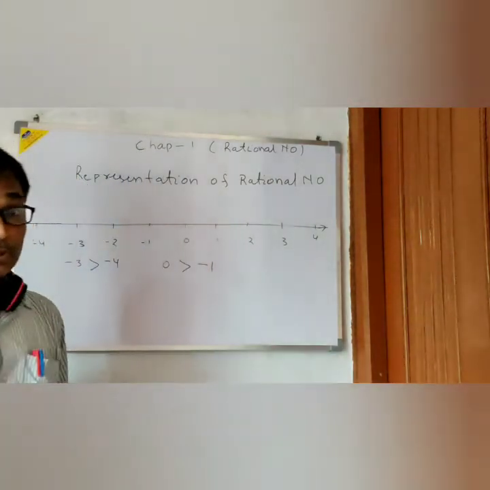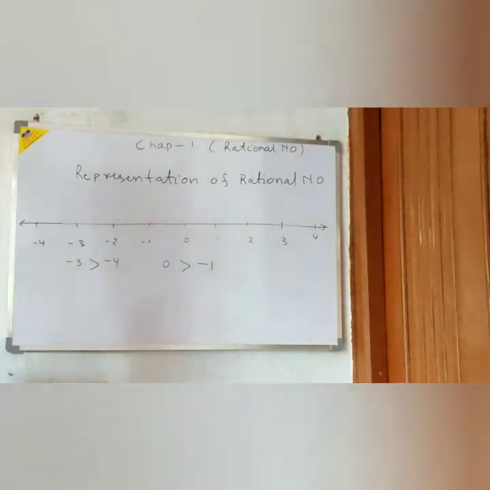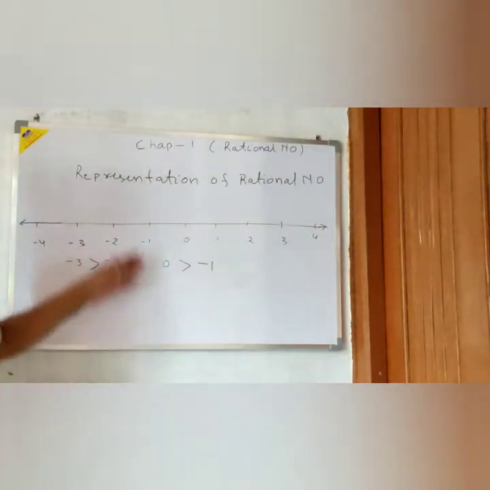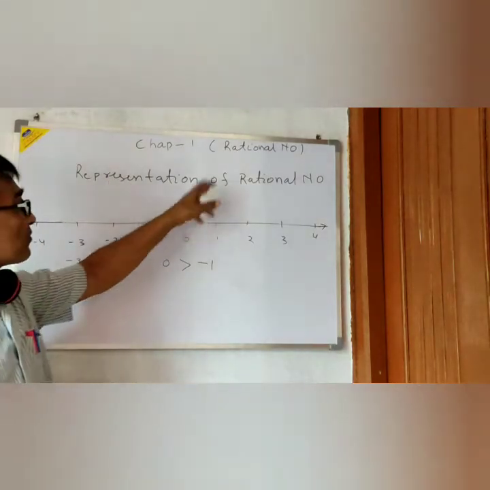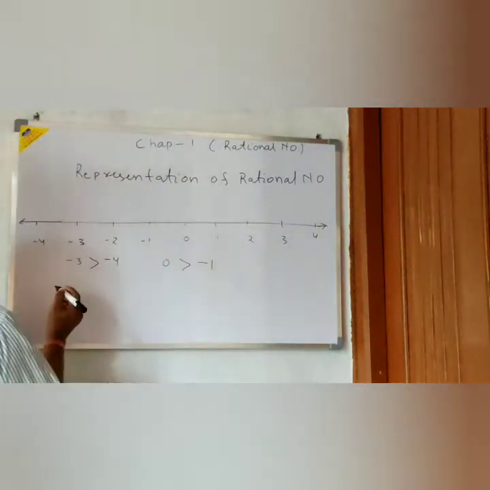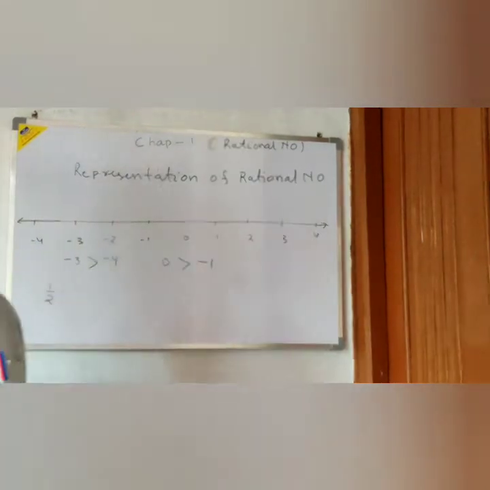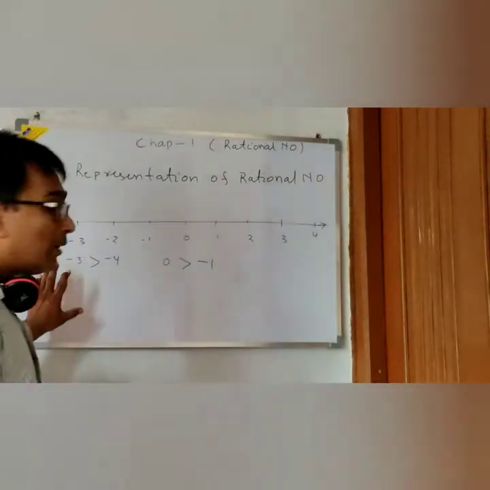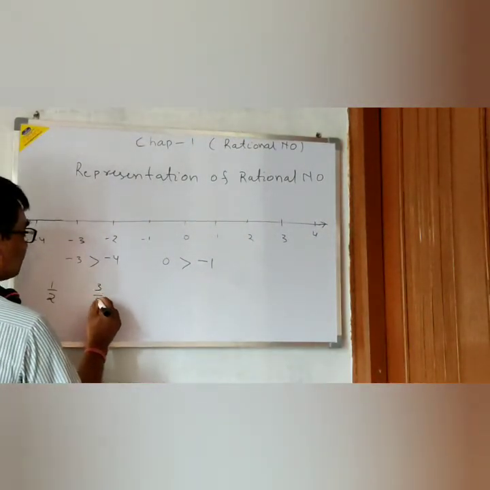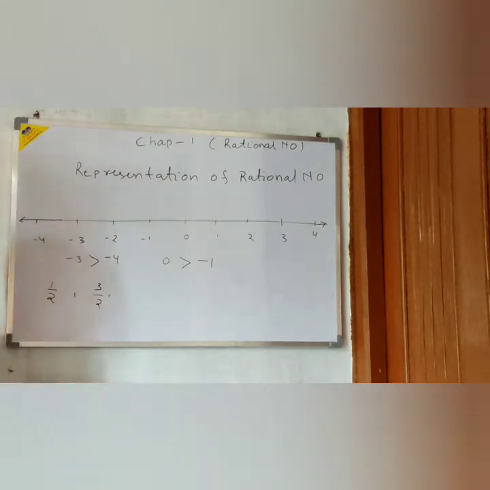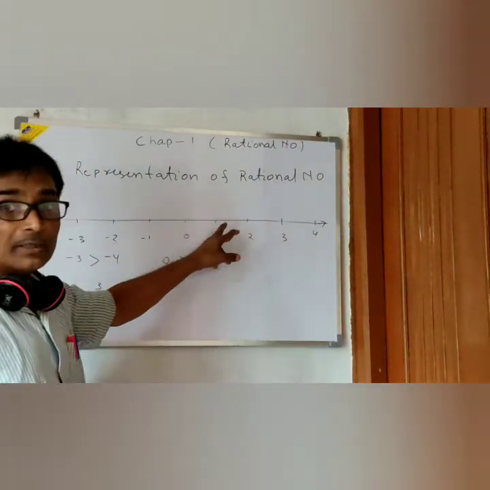Now we learn about the representation of rational numbers. You know, a rational number is a part of a whole. If we want to represent 1 by 2 on the number line, what is its place? 1 by 2 and 3 by 2, two numbers you have to represent. 1 by 2 means part of 1.